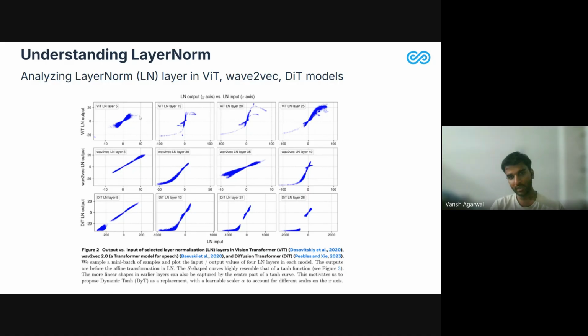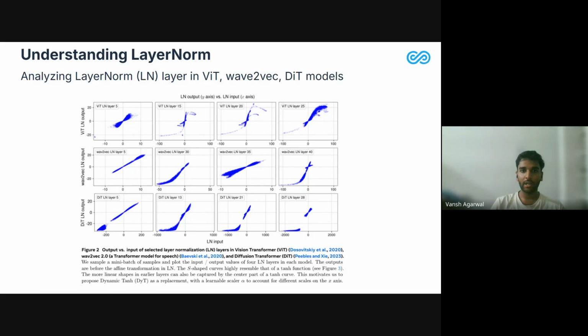But as they go on to deeper layers, like layer 15, 20, 25, you can see that there's this sort of an S shape, right? And this S shape resembles the tanh function, which was their main motivation to propose this as a replacement.